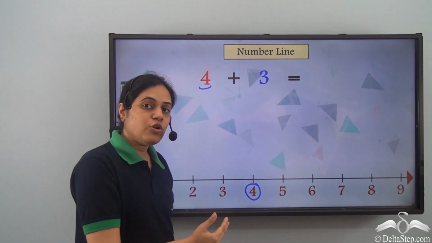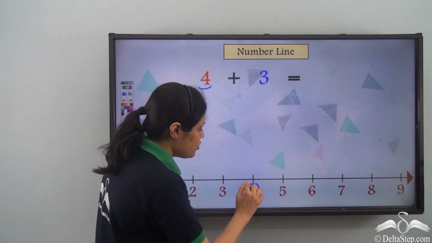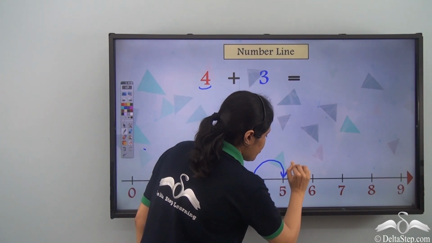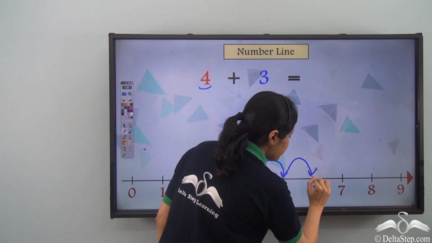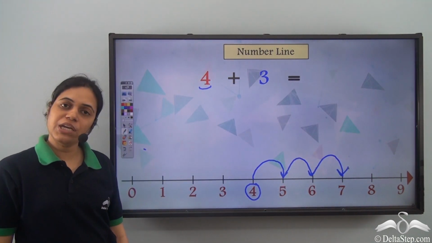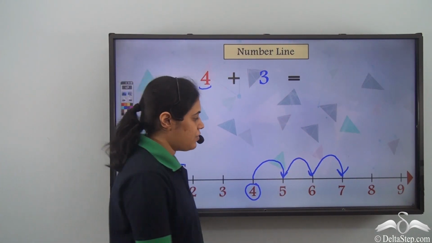So now I know hopping means going to the next number. So 1 time, 2 times and 3 times. I hop 3 times from 4 and I come to 7.